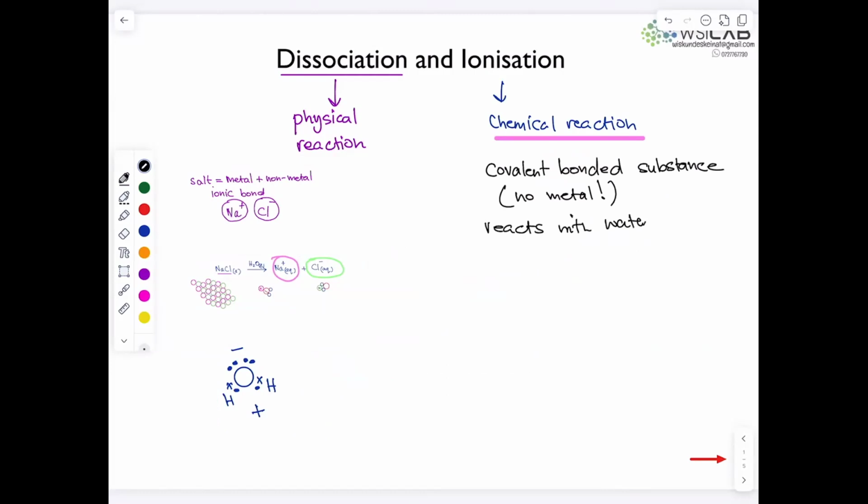That's ionization. Ionization is a term that we use when a covalent bonded substance reacts with water. So now this is a chemical reaction, and all your acids will undergo ionization.